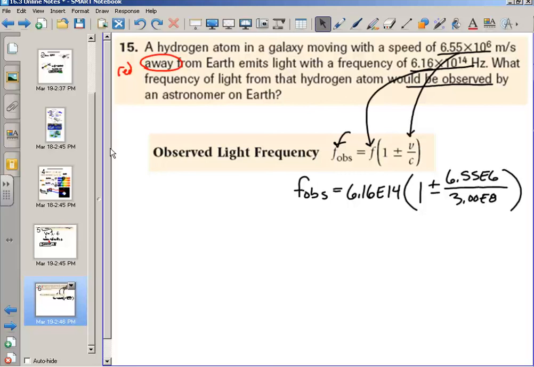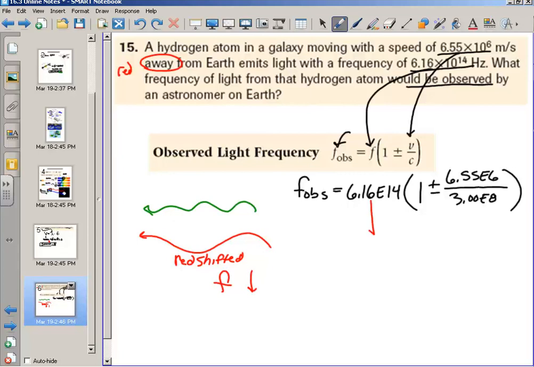Now, we've got to figure out, do we add or do we subtract? So we've got this thing giving off light, but it's moving away from us, so we know that it gets stretched out or redshifted, which means that my frequency goes down. So I want this number to go down.